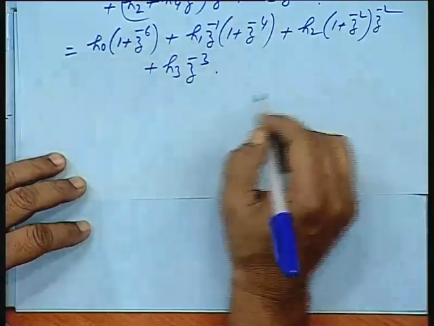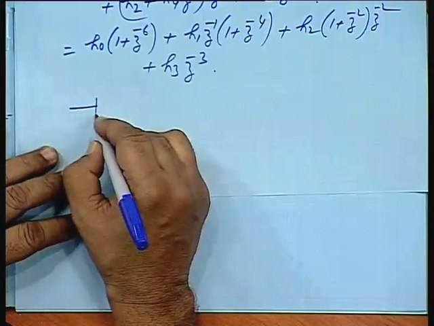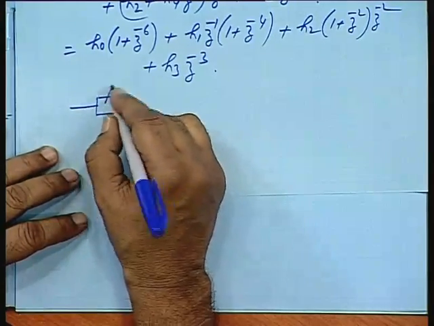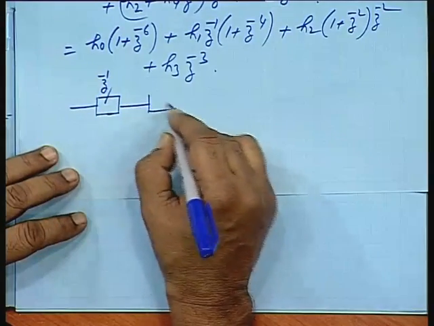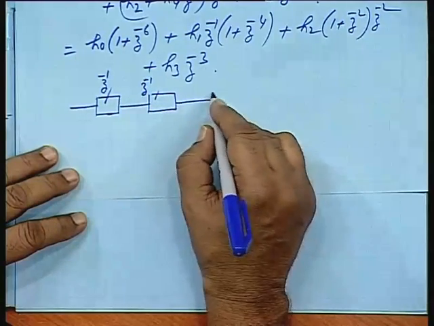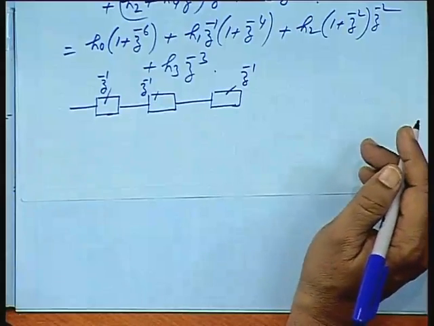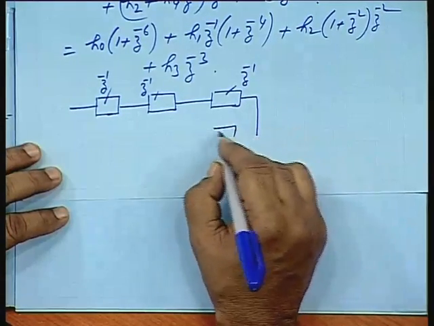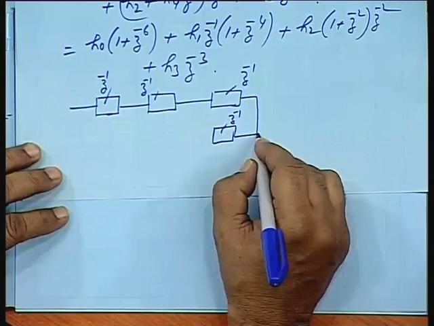So, this one can be realized in a very interesting way. You have each rectangular block as a delay element, Z inverse, Z inverse, Z inverse. Again Z inverse.